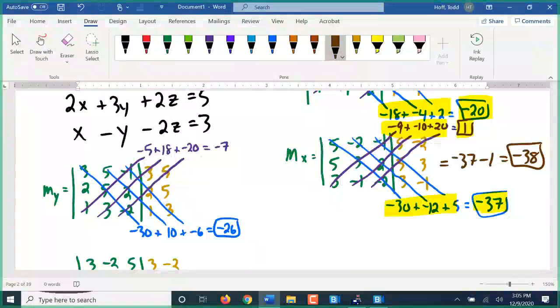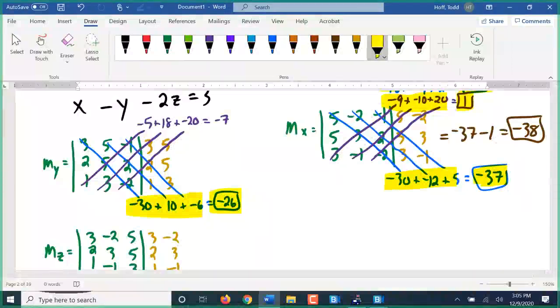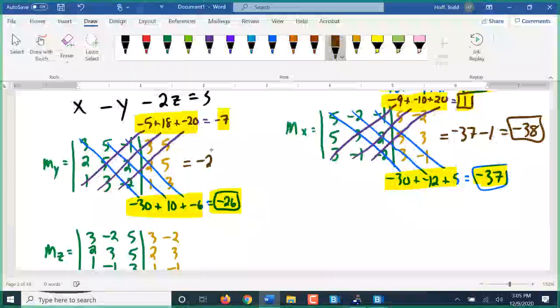For the Y matrix, I did the down diagonals, got a down diagonal total of -26. I did my up diagonals, got an up diagonal total of -7. So we have -26 minus a -7. Remember, that's the same as plus a +7. Gives us -19.